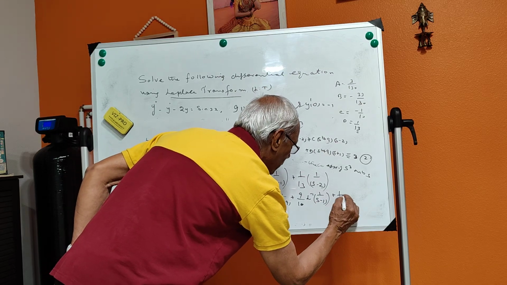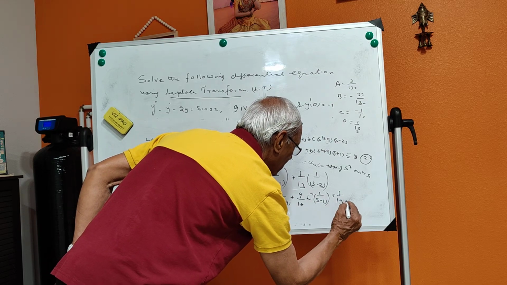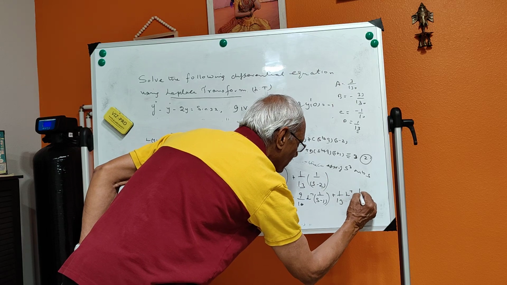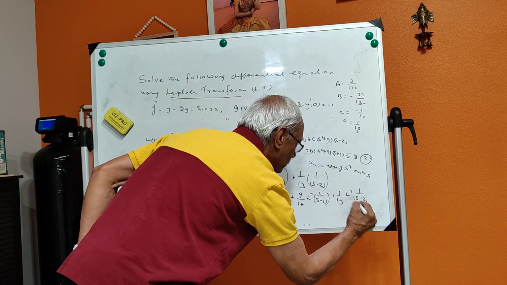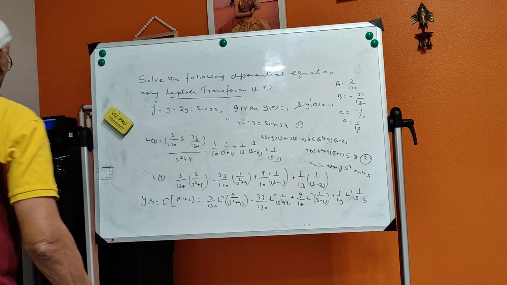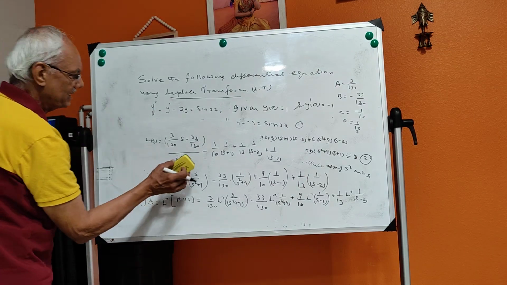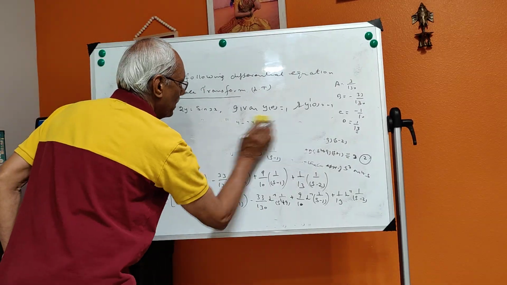Then plus 1 by 13 of L minus 1 of s minus 2. Now you see that is L of y.